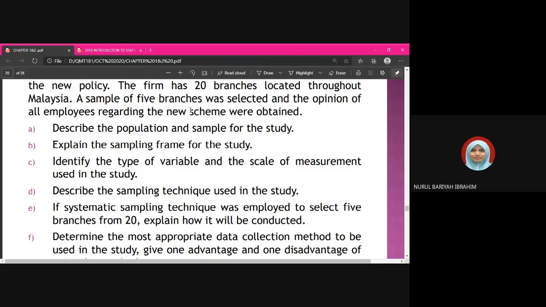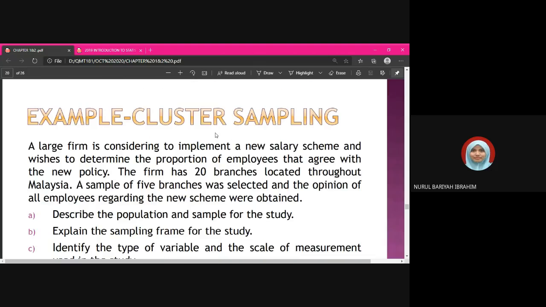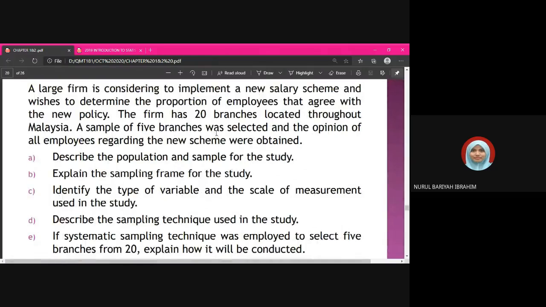So list down the 20 branches of the firm. Okay, list down all the 20 branches and sortkan. Okay, then rename ataupun numberkan 1 until the 20th branch.